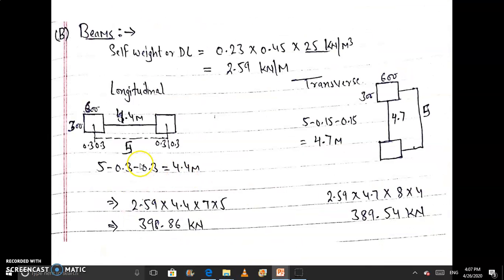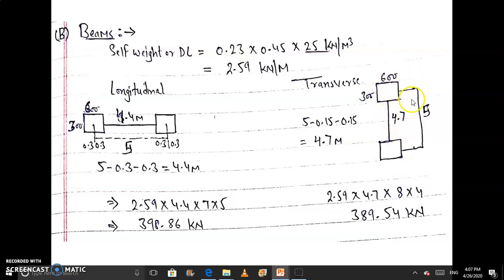So how we calculate? If we take a longitudinal length, we have given center to center length is 5 meter, but we also know that the dimension of column is 300 into 600. So for finding the clear span of beam, we have to subtract half column from that side and half column from that side. So here we subtract it and we get 4.4 meter as a length. Same we do for a transverse direction.